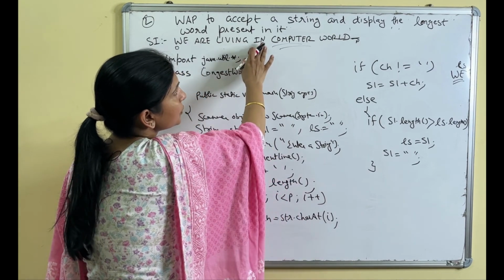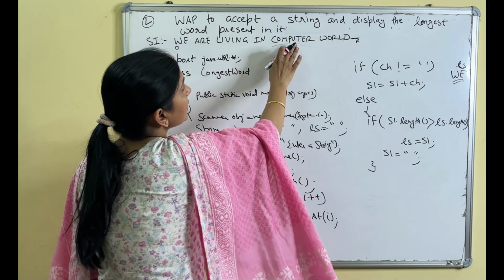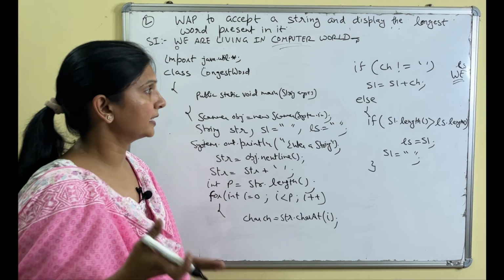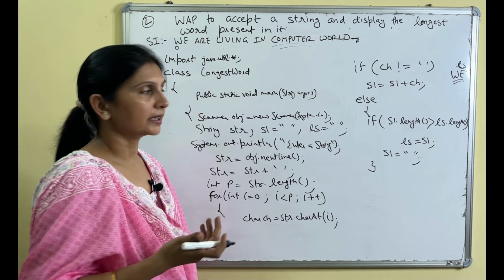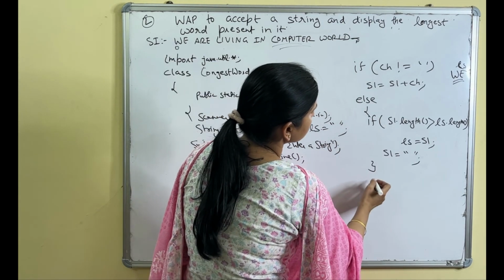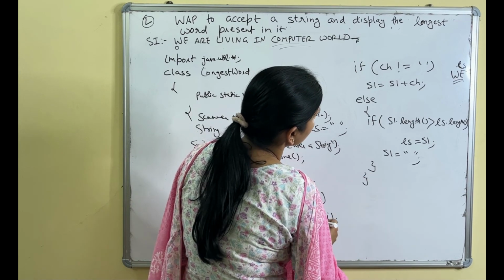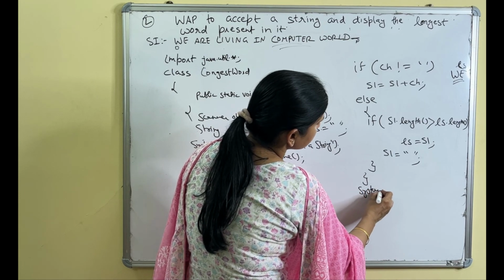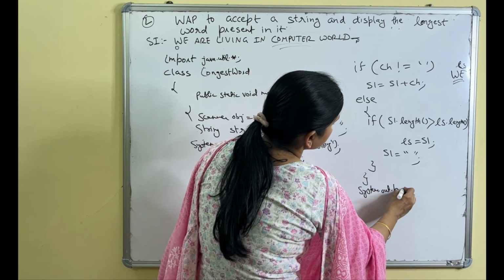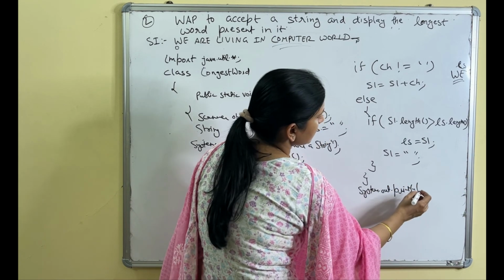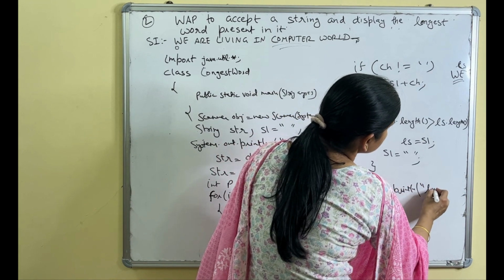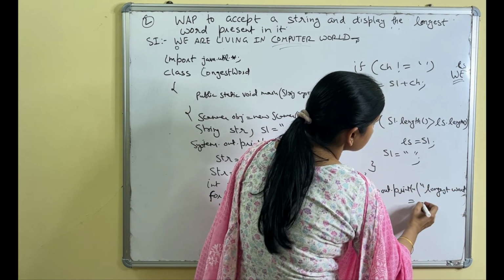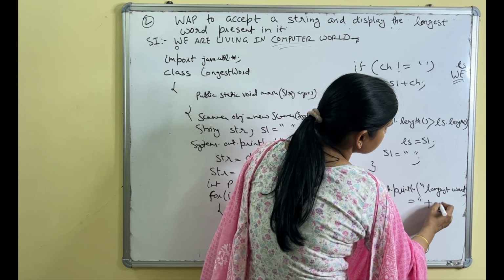Then "in" is short, so it will not be assigned. "Computer" is bigger, so "computer" will be assigned in ls. So finally we will get "computer" in ls. After this closing else, we will close the for loop, and outside the for loop we will display: system dot out dot println, longest word equals to, which will finally come in ls when the loop is completed.